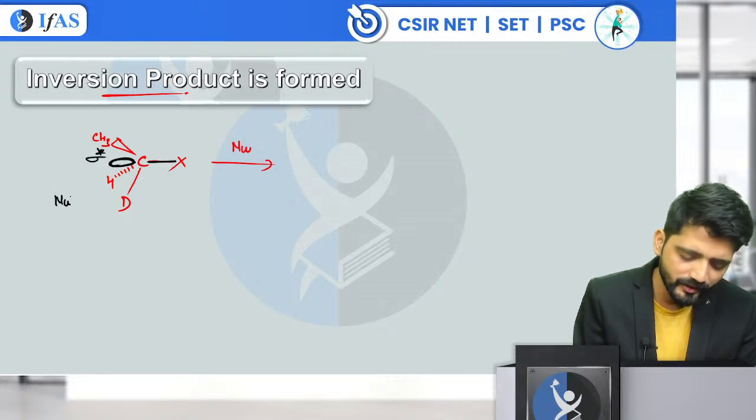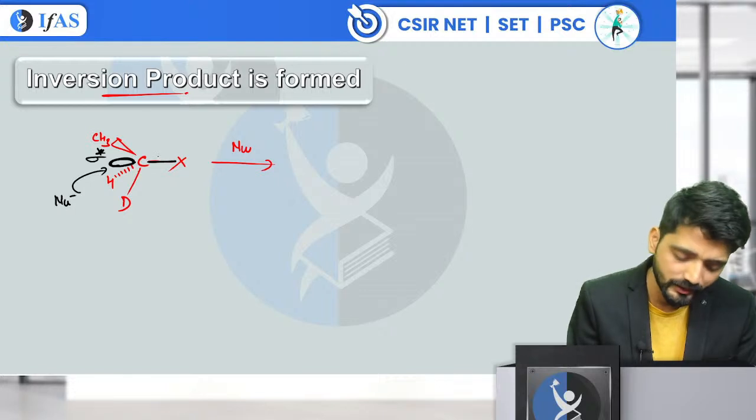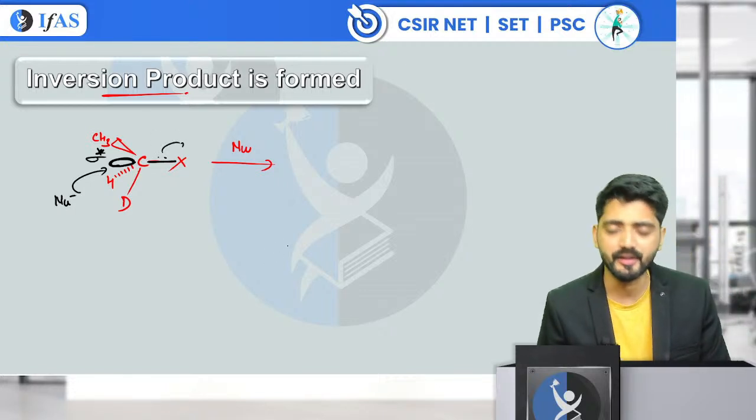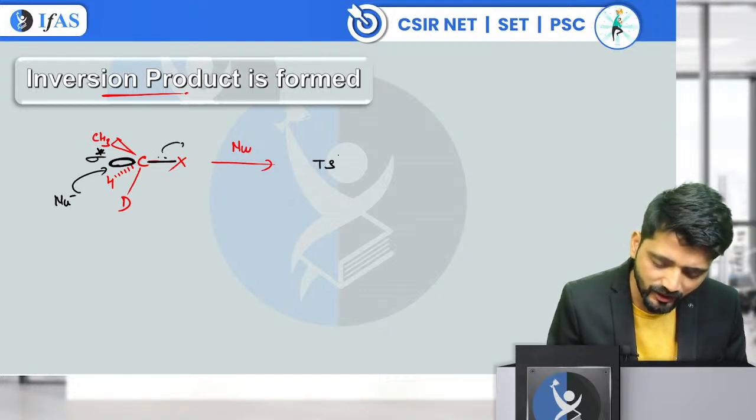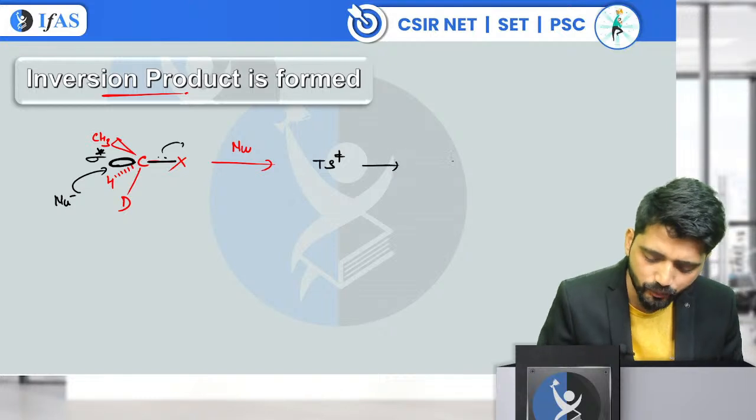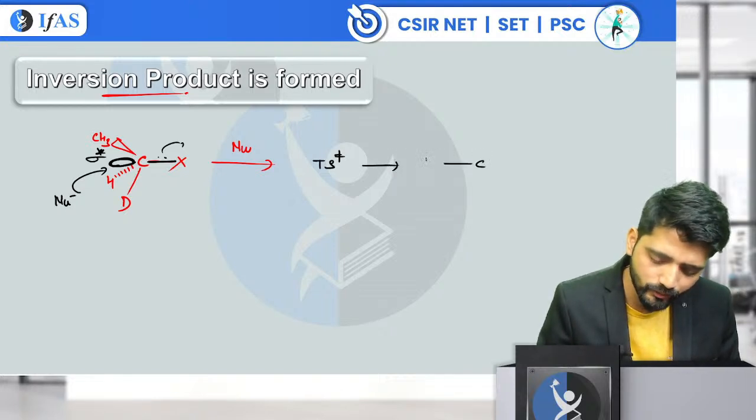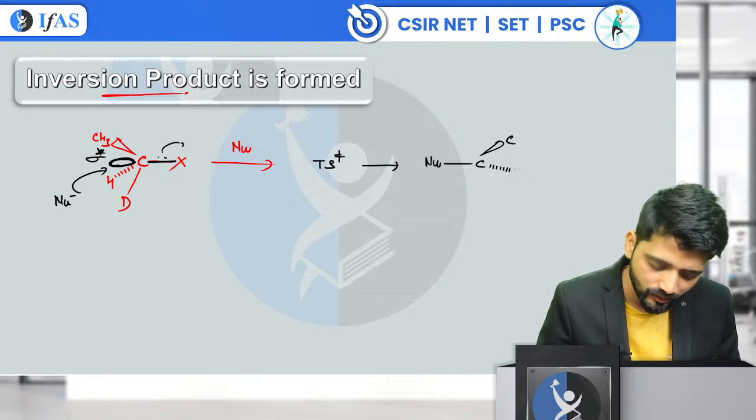So the nucleophile will attack into the sigma star orbital and the leaving group will be eliminated. If I skip the transition state and I draw the product directly, our nucleophile will be at this center. This complete product will be of inversion.